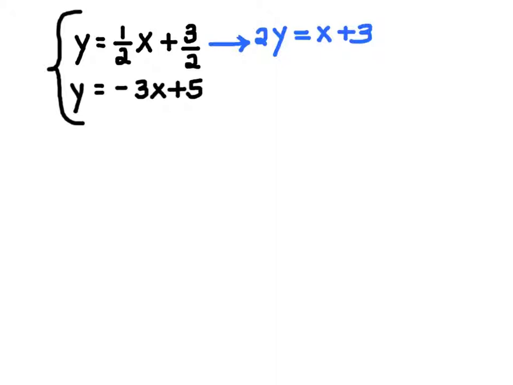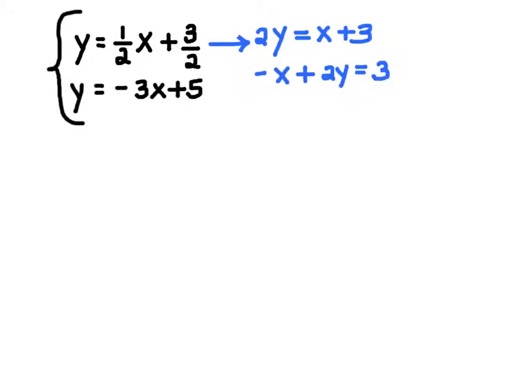Now we're not quite done. We want this in standard form. So I have to move the x to the other side. In standard form, I would have negative x, so I add a negative x to both sides: negative x plus 2y is equal to 3. Now standard form is of the form a times x plus b times y equals c.